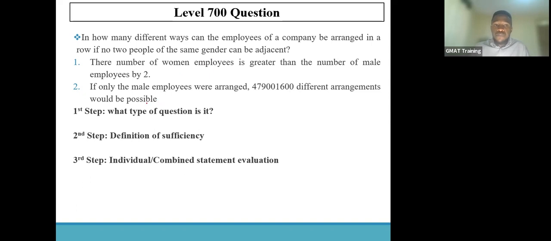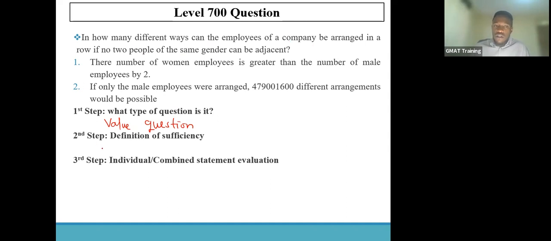On the first step of solving this data sufficiency question, we want to identify the type of question. Since it asks how many different ways, we can tell that this is a value question, just like the previous one, because it needs us to find the number of ways that the employees can be arranged such that they meet this condition.